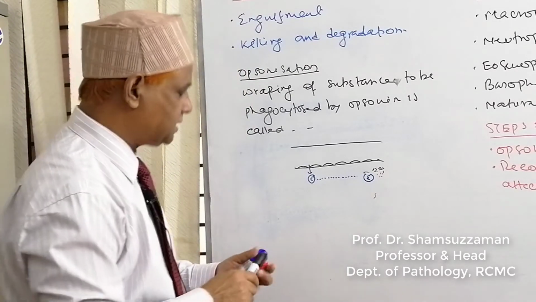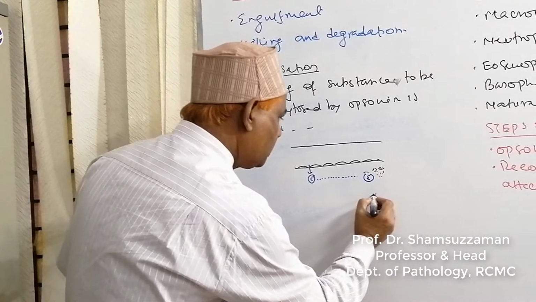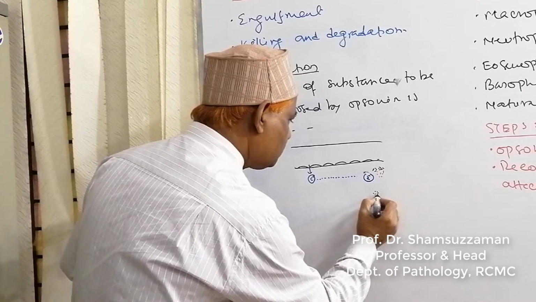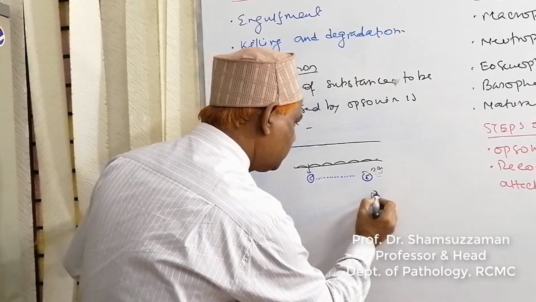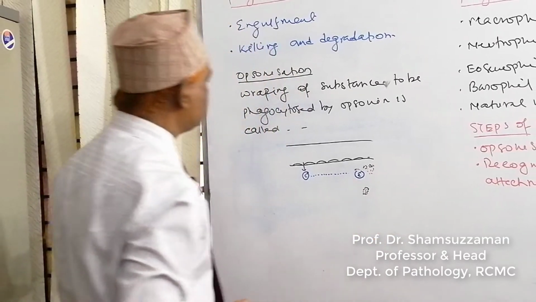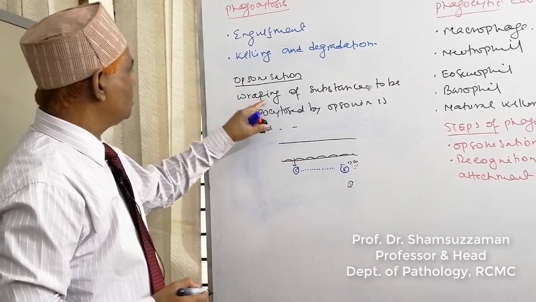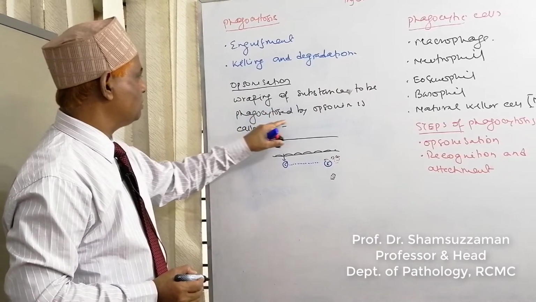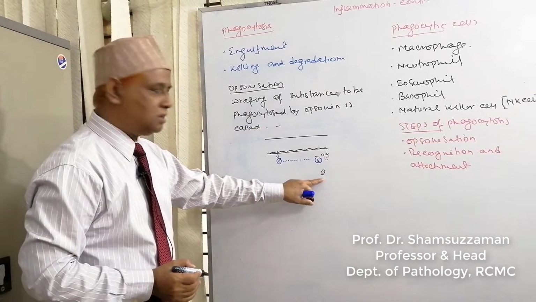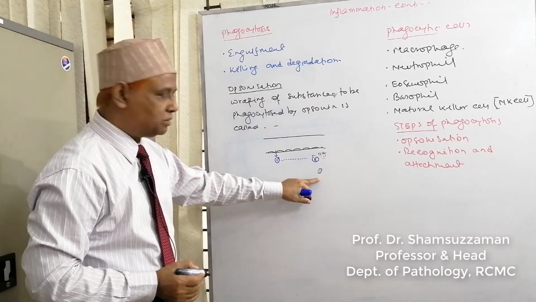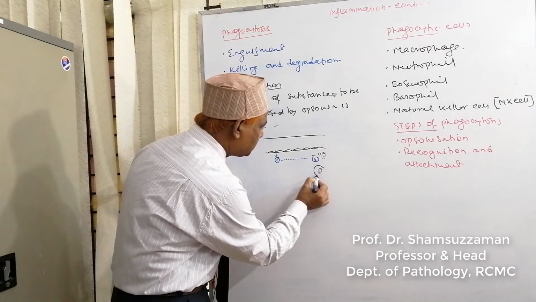Before phagocytosis, this organism is wrapped by a material or substance. This is opsonin. So this is the opsonized bacteria.